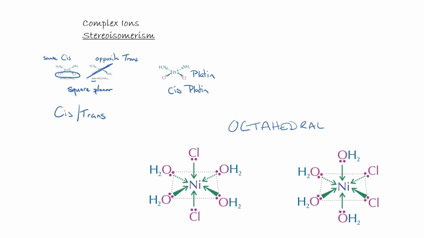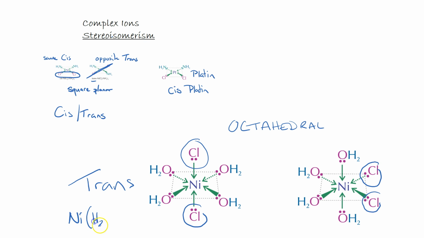We also observe stereoisomerism in octahedral complexes, where we've got here 2 of one type of ligand and 4 of another, in these 2 nickel complexes. In this example, again, we've got them opposite, so this becomes our trans [Ni(H2O)4(OH2)].